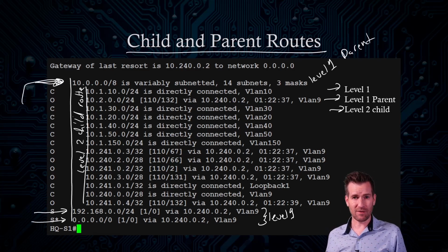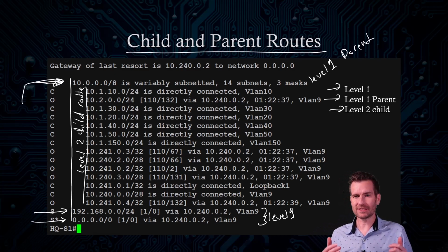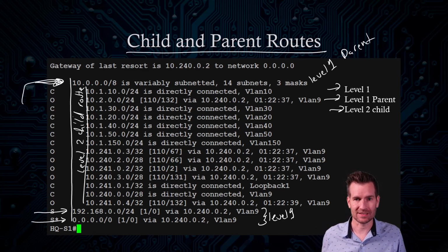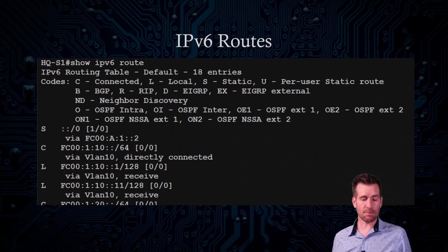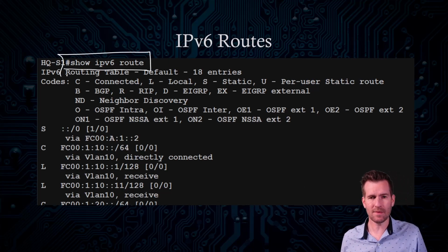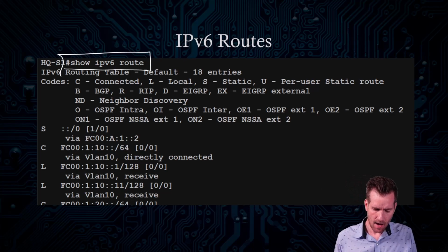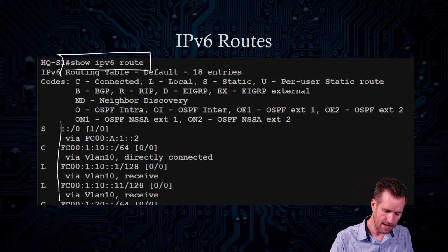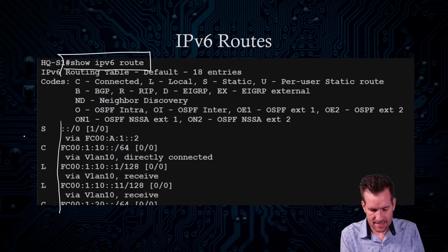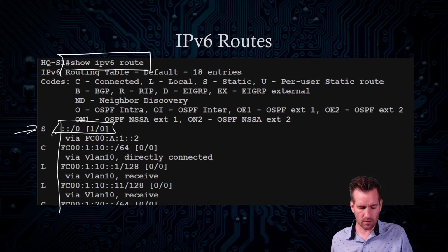However, when we get to IP version 6, they never had classful routing. And so you don't see that same structure with IP version 6. This is an example of a show IPv6 route command showing the routing table for IP version 6. And we can see that it's all at the same level right here. You see a static route in here for our quad 0, so that's the default route that we have.